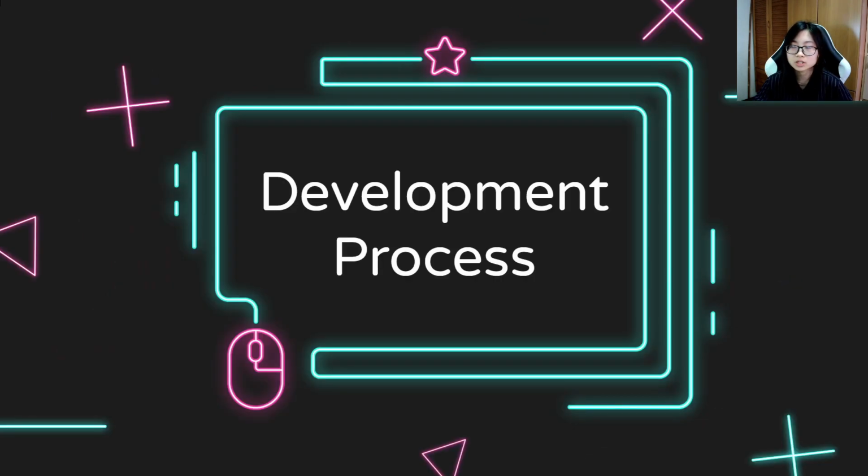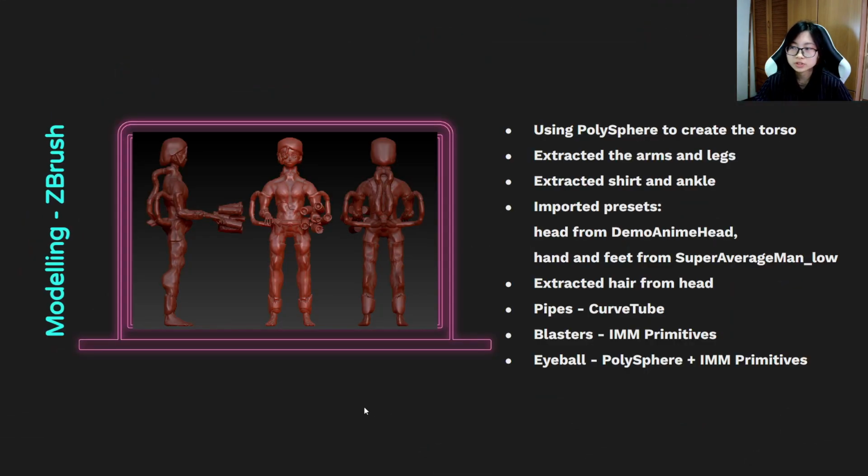So moving on would be the development process, which firstly the modeling is done in ZBrush, and almost the entire model is made from scratch. So firstly I started by using polysphere to create the torso, and then from the torso I extracted the arms and the legs and made them into cylindrical shapes to imitate the shape of actual arms and legs.